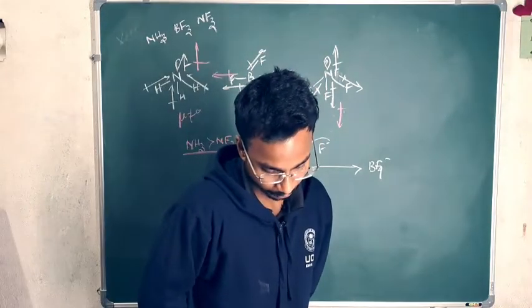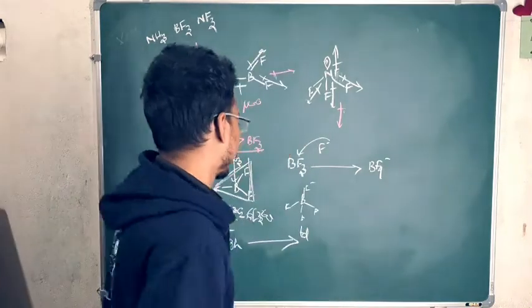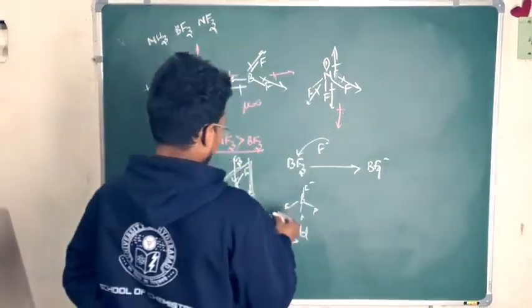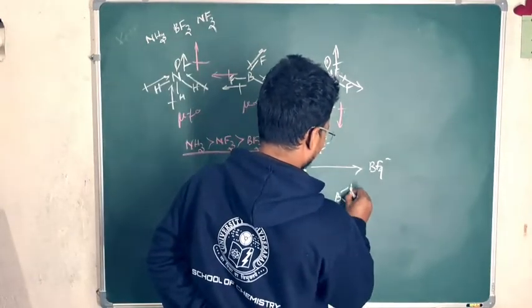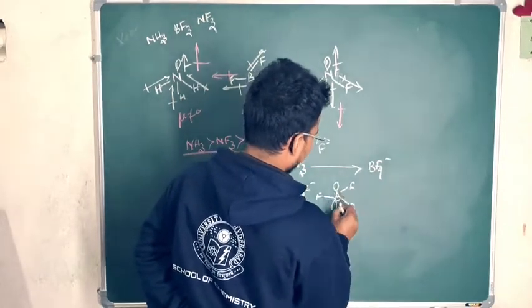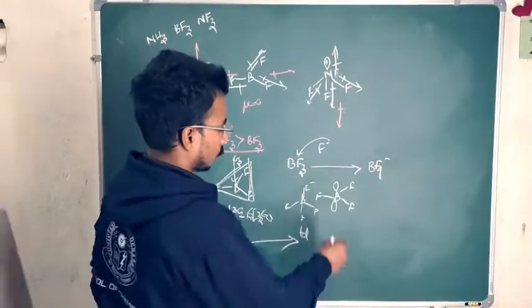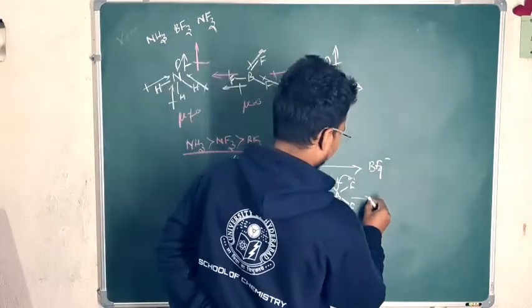And they are asking another question, bond elongation or contraction. Let's see. When BF3 is present, B has a vacant orbital, so fluorine can easily donate its lone pair and it will form like this.